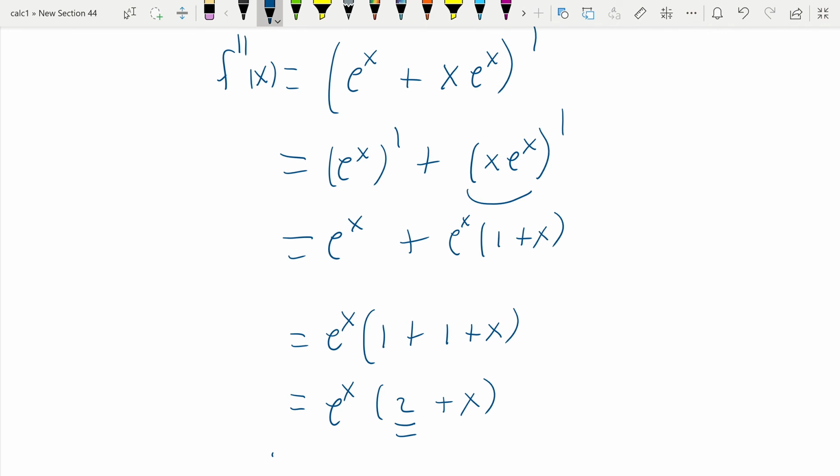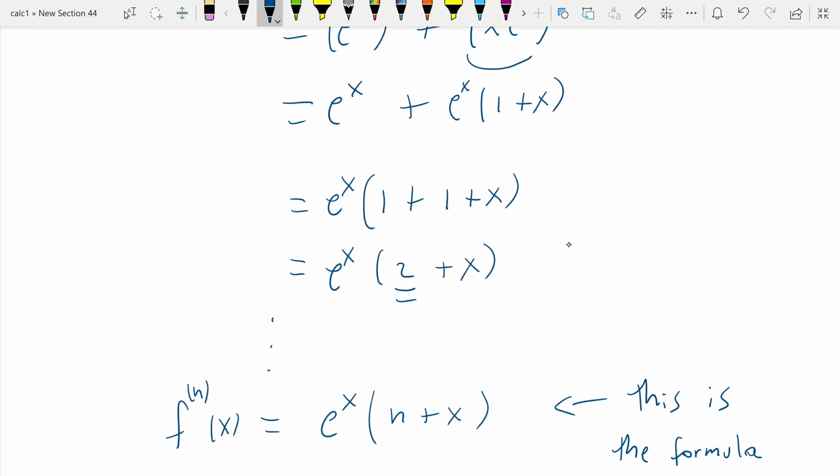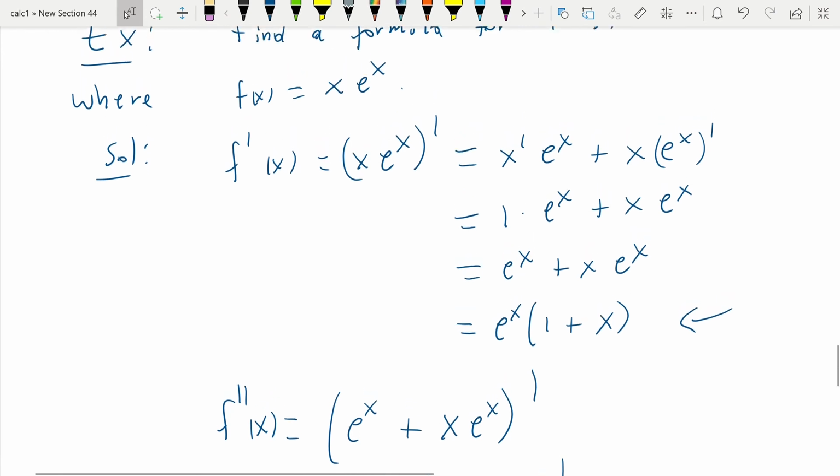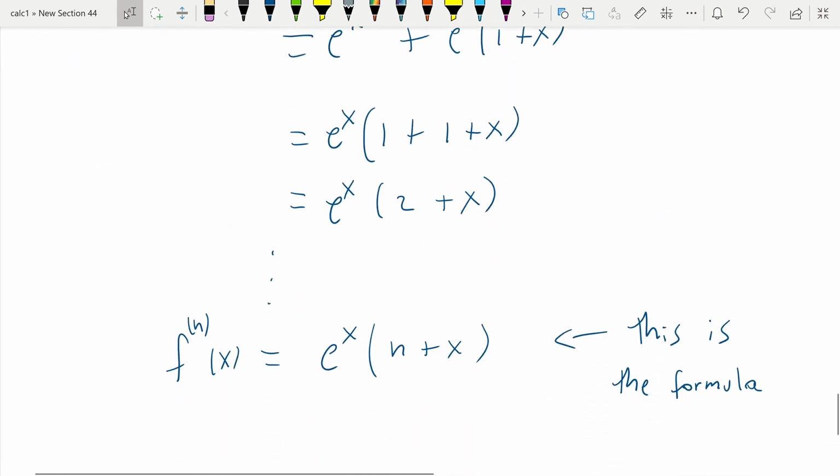But you have to add e to the x. So another e to the x becomes a 3, and that's what's going to keep happening when we differentiate one more time. You're going to add another e to the x. So that's where this number is coming from. You're increasing the number of e to the x's that appear when we differentiate this expression multiple times.